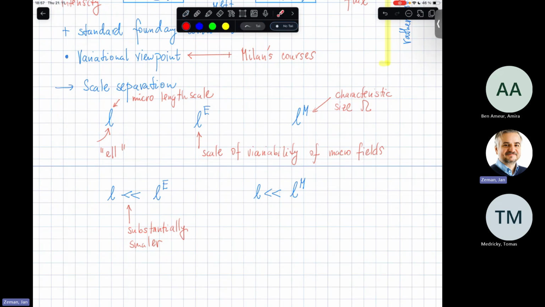So this L over Lm ratio must be substantially smaller than 1, if you would like to call it in this way. And this is the assumption which allows me to say that my apparent properties converged with given accuracy to my effective ones. So again, the size of my observation window must be sufficiently large in order to get this apparent property.